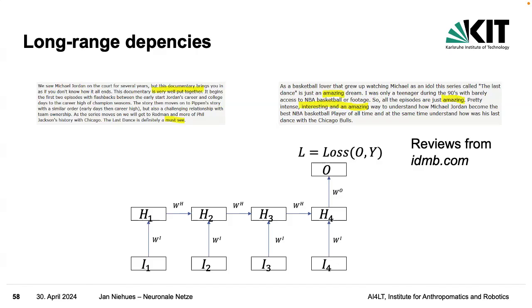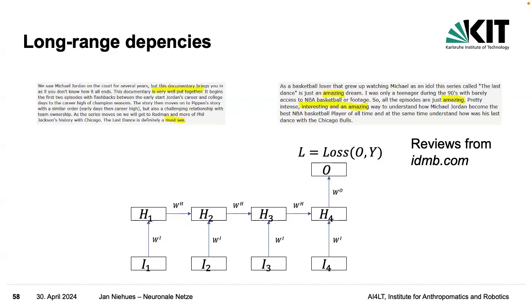If you think about an RNN that is reading a text, it would be nice if everything influenced the result. If you think about a review again, where in the beginning you had very well put together, amazing, and so on, it should influence your last hidden state. If you're doing your prediction, whether this is positive or negative, on your last hidden state, all these words should somehow influence it.